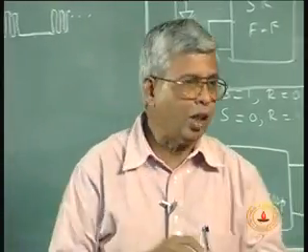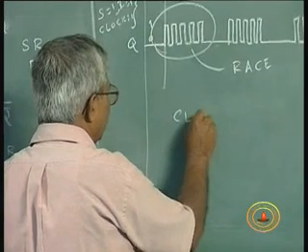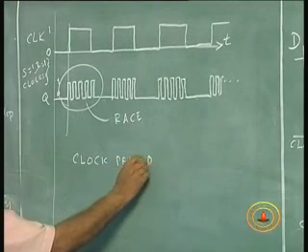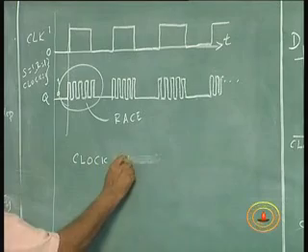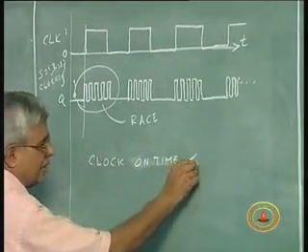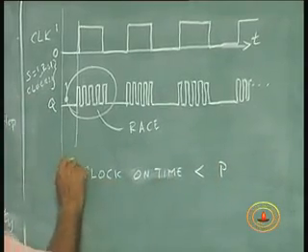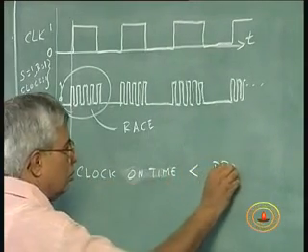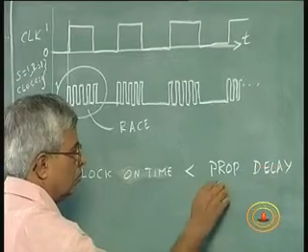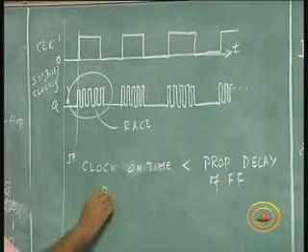So if I make the clock on time, not even the period, the clock on time, less than the propagation delay, then racing can be avoided.